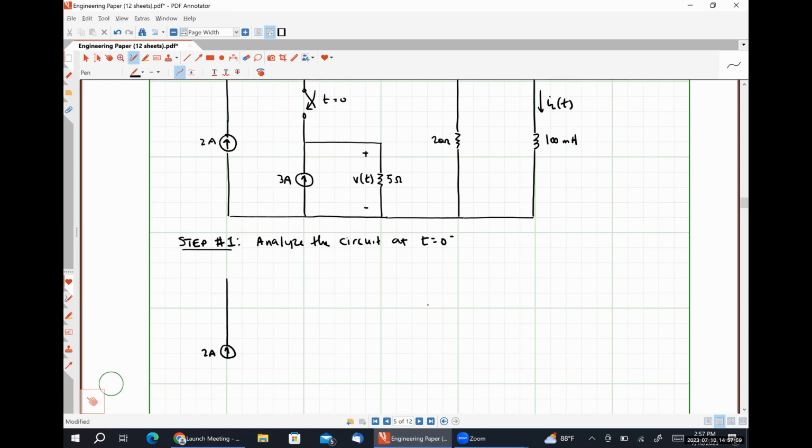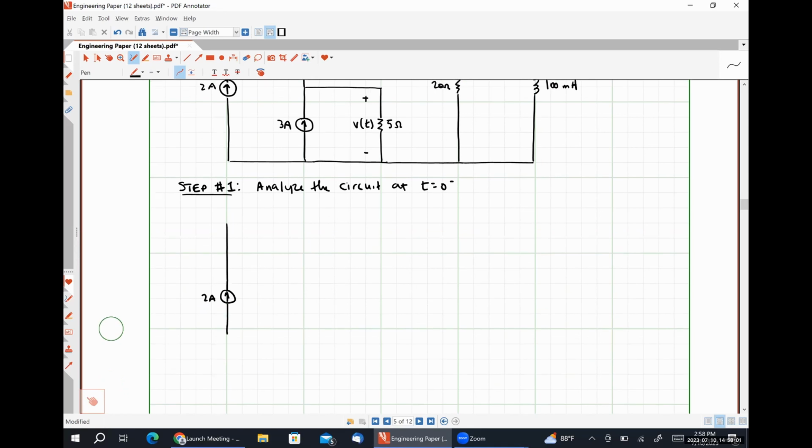Here's our 2 amp source. Here's our open circuited switch. Here's our 3 amp source. Here is our 5 ohm resistor over which the voltage V at 0 minus is what we're trying to find.